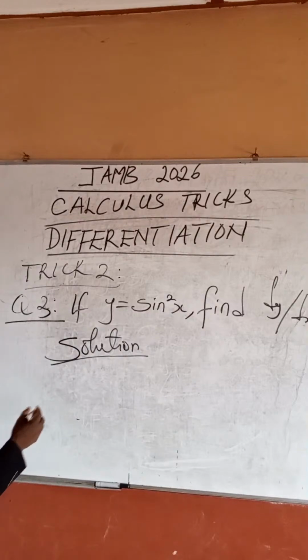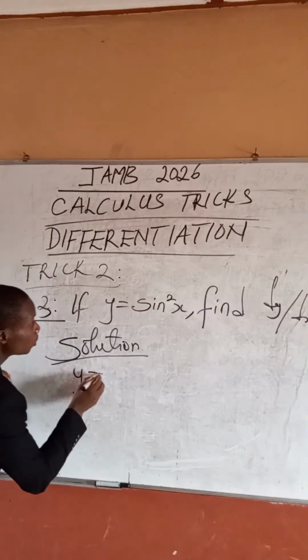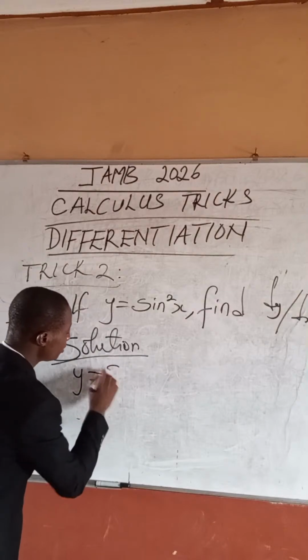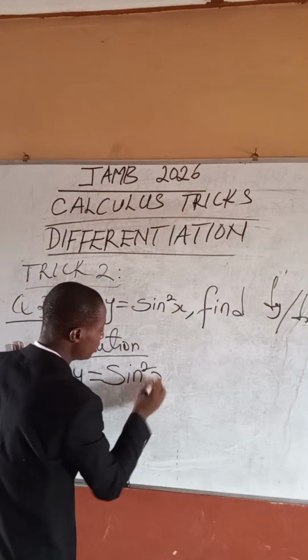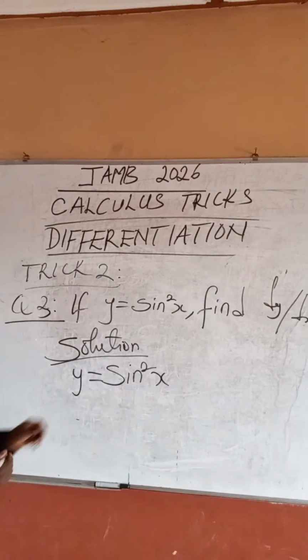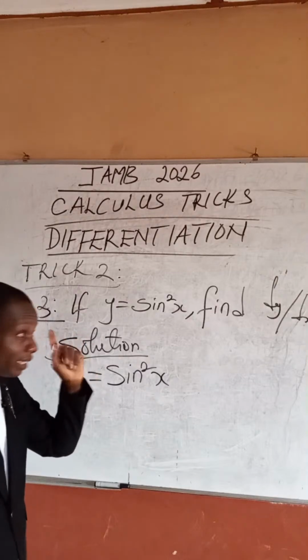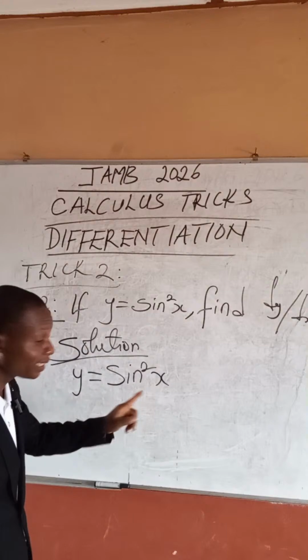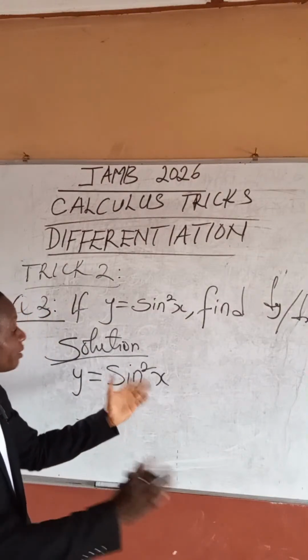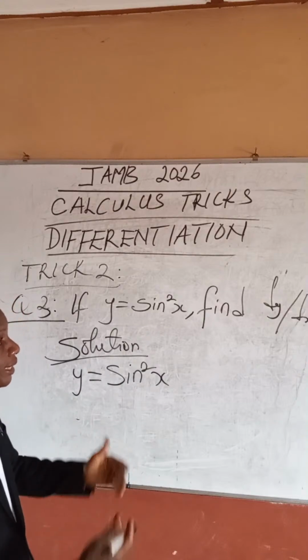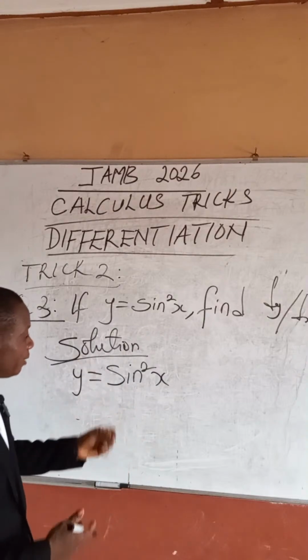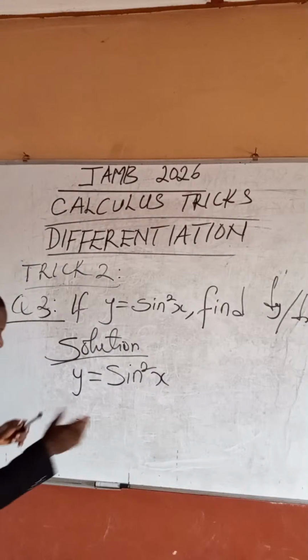Now we have y equals sine square x. Now remember what we did the other time. We are going to do something similar to it because the questions are similar, whether it is raised to power or it is a coefficient. They are similar.